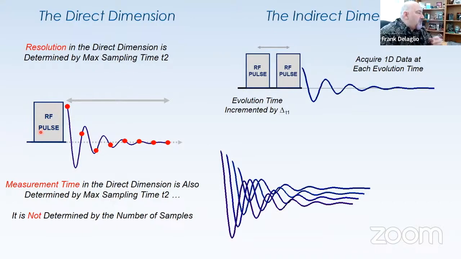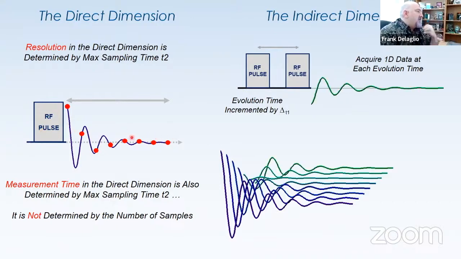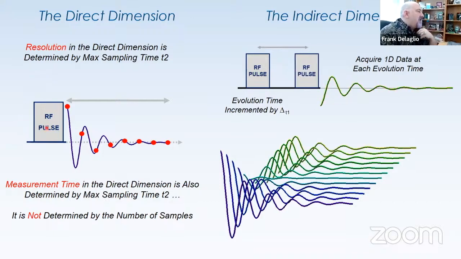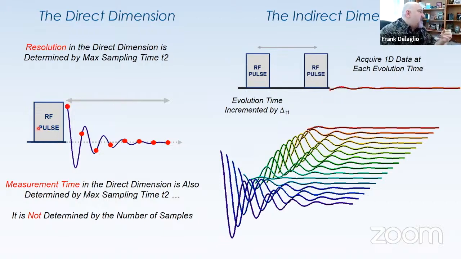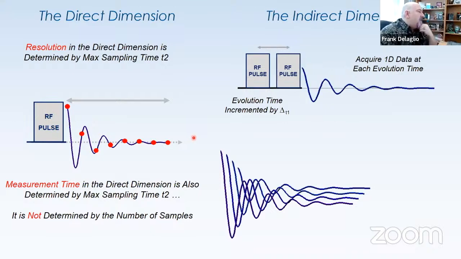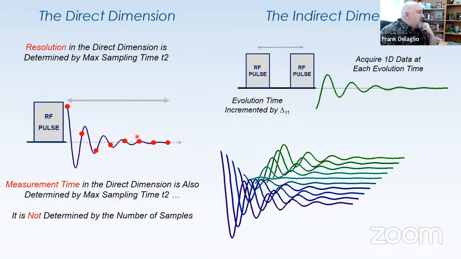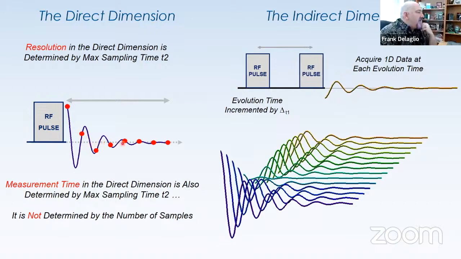Now, in a directly detected experiment, like a 1D proton experiment, we have some radio frequency pulse in the pulse sequence, and then we listen with a coil that kind of serves as an antenna to the radio frequencies that are emitted by the sample. And as you've seen, we Fourier transform these to get a spectrum. We digitally sample this information at uniformly spaced time steps.